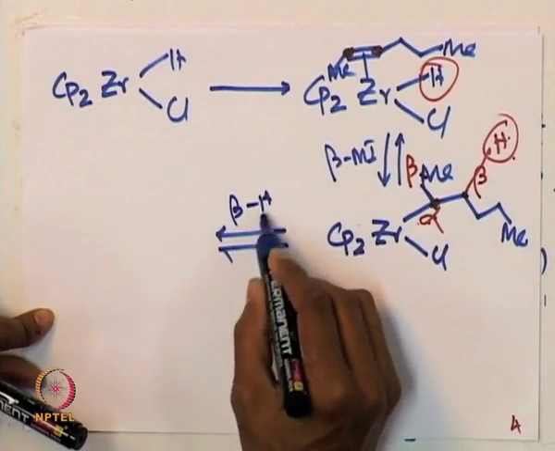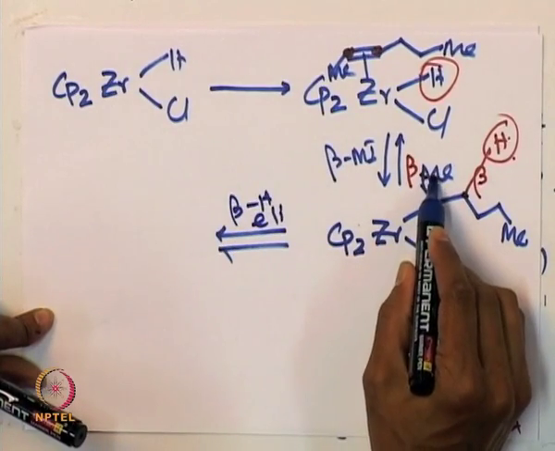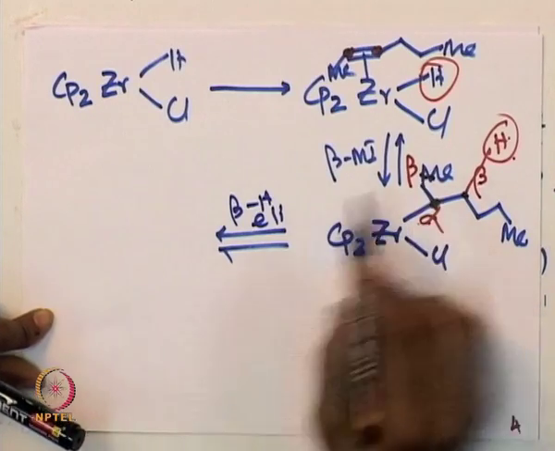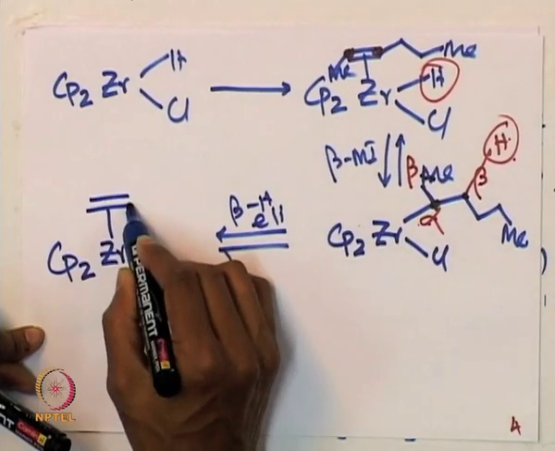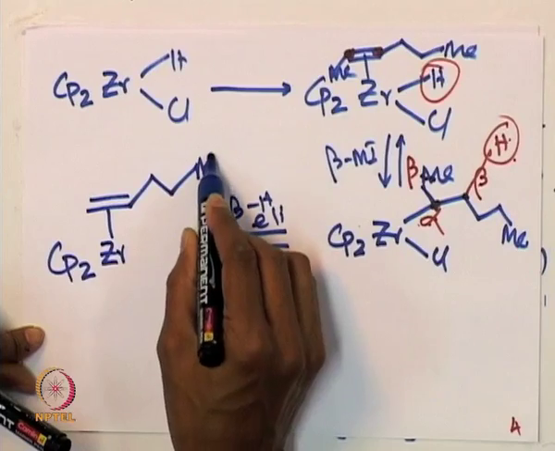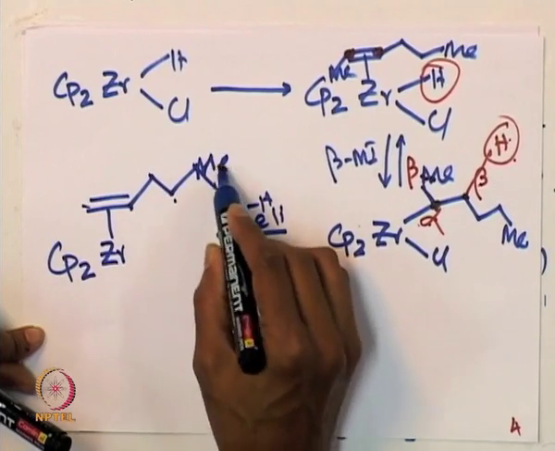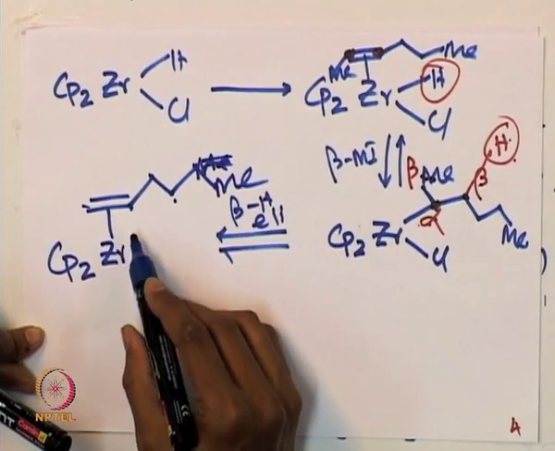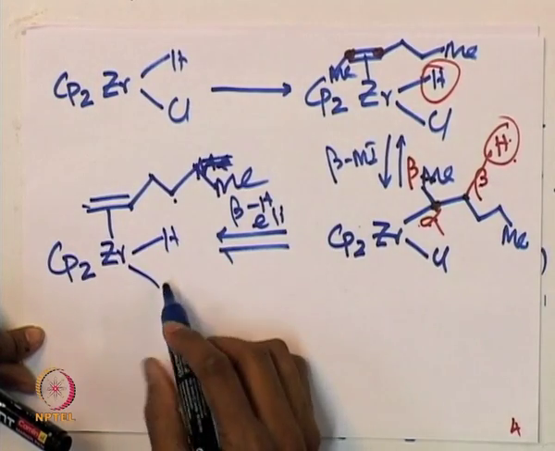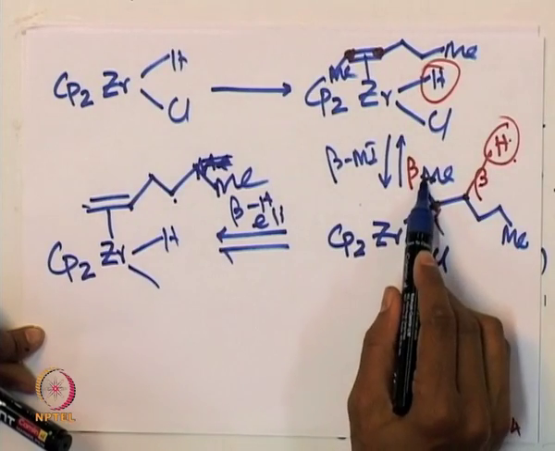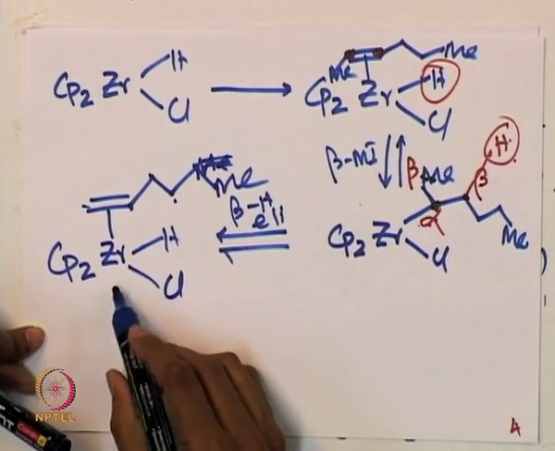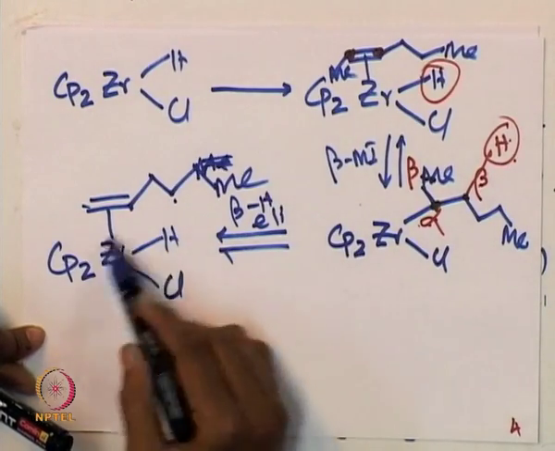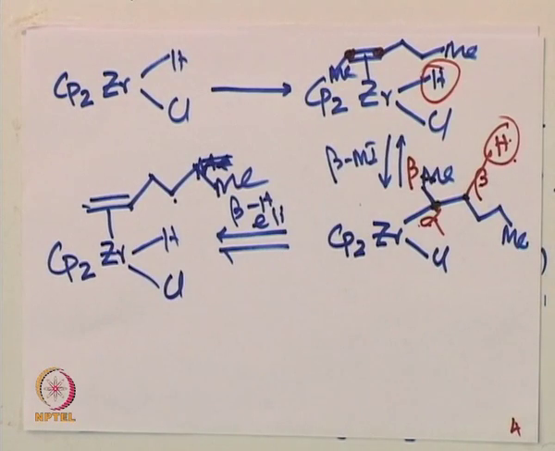So, beta hydrogen elimination, particularly from this hydride from here, this methyl, and overall you are getting Cp2 zirconium and this intermediate, of course 1 2 3 4 5 6, one more carbon will be there, and this intermediate where you have again the other beta one, not from this one, from this one, due to the thermodynamic preference you will get that one.